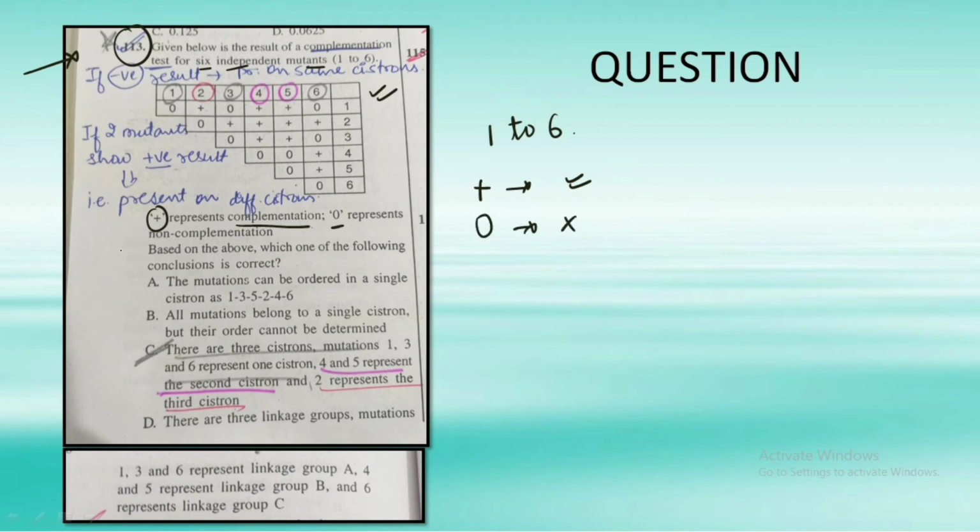Based upon the information that we are given, we have to find out which of the following options is correct. How you have to approach such questions is, all you need to do is find out which of the genes and the mutants that are given are present on the same cistron or not.